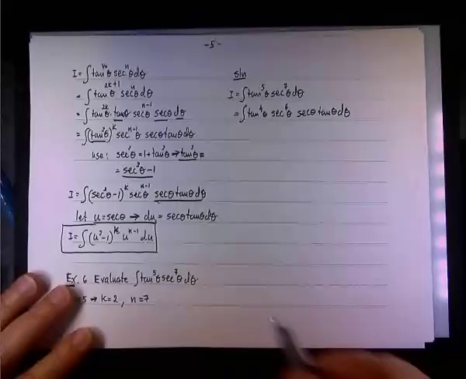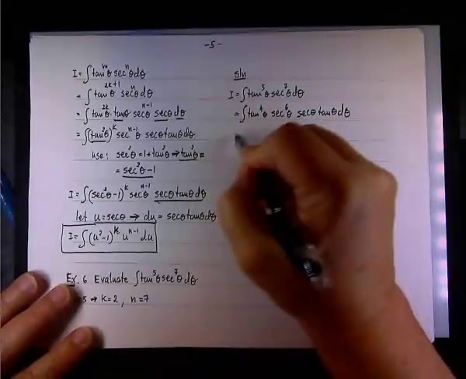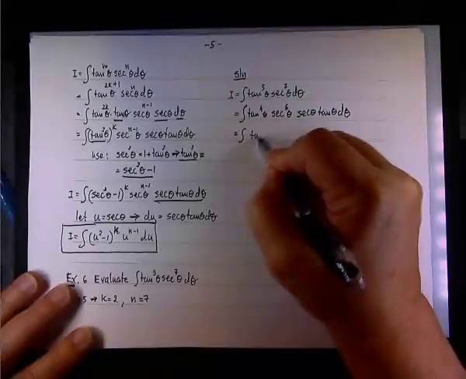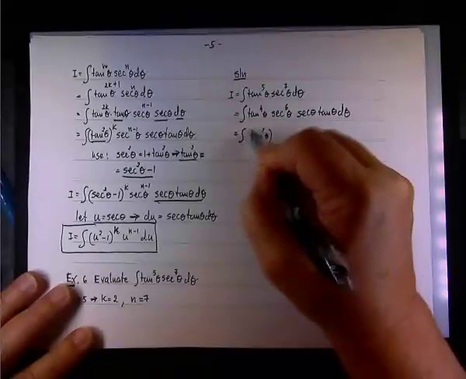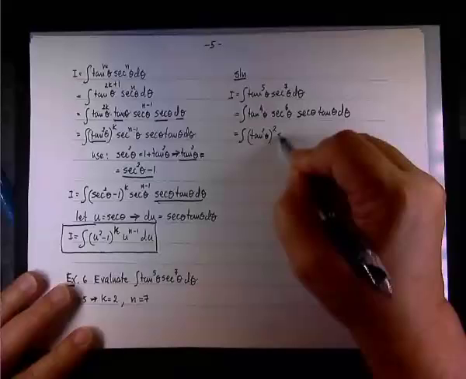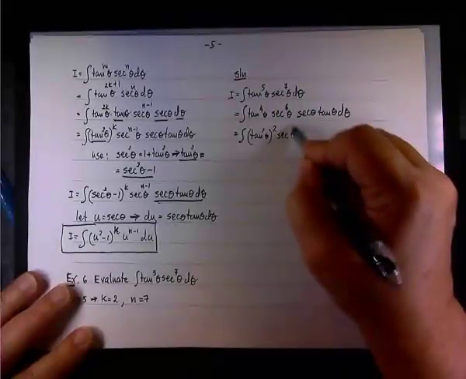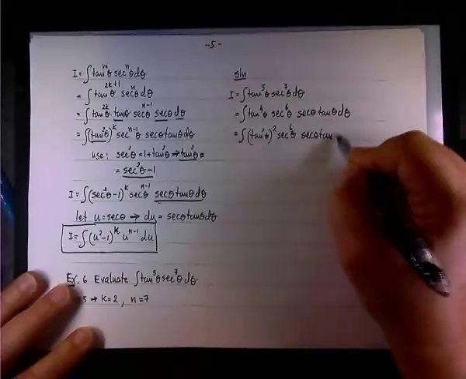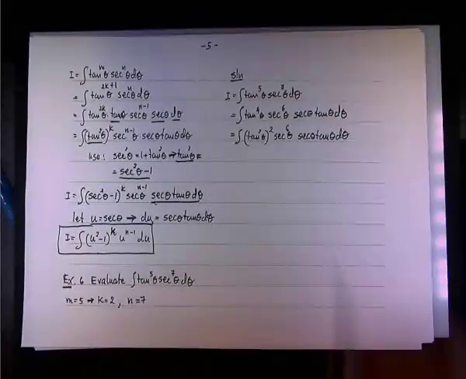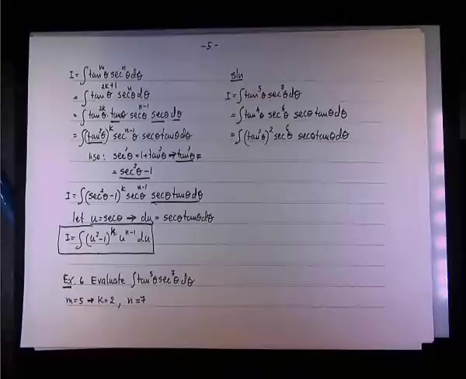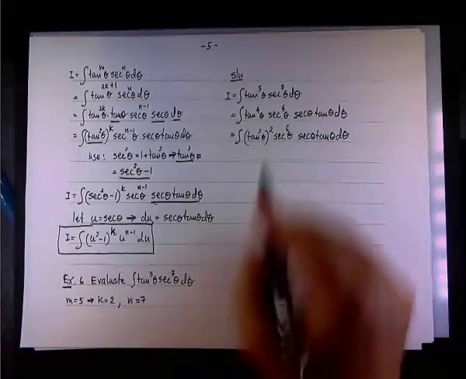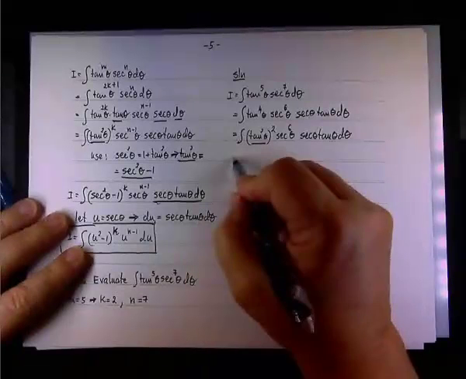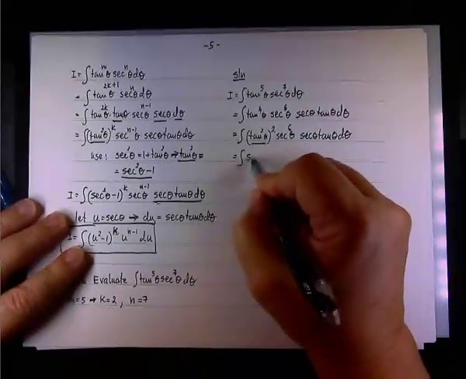So it's not that bad. The next thing I need to do is write the tangent, which is an even power, as tangent squared raised to another power, so we'll have the integral of tangent squared squared, secant to the 6th, secant times the tangent.